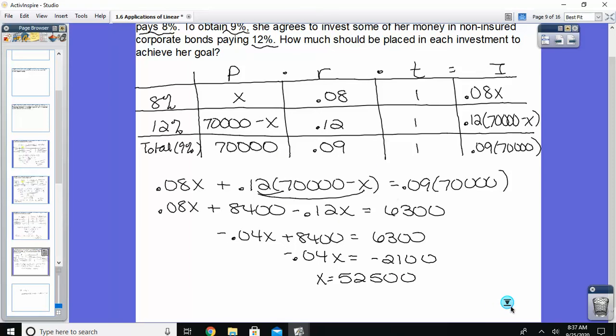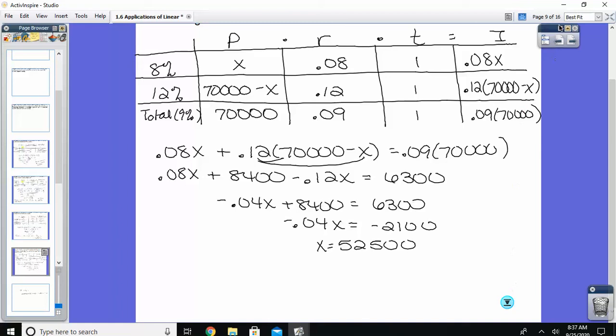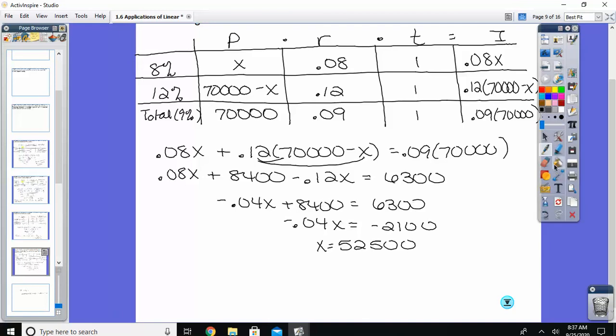The question was, how much should she put in each investment? So X was the amount at 8%. So she needs $52,500 at 8%.